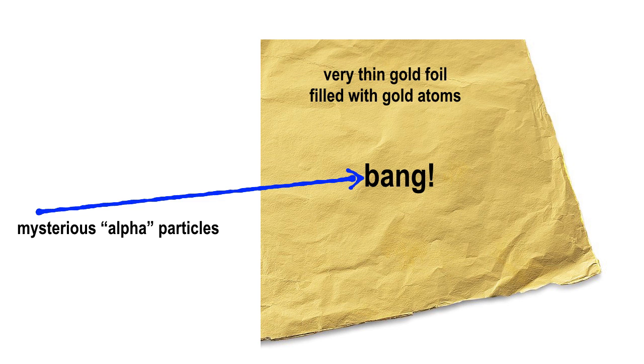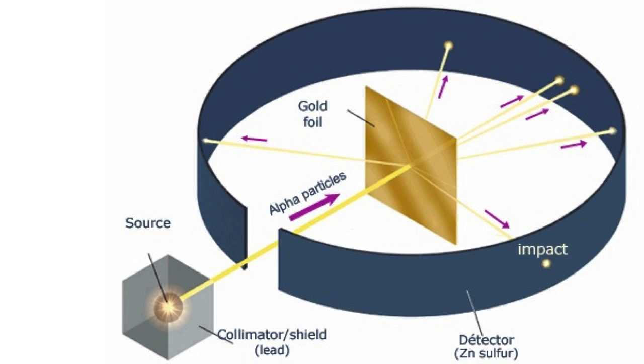Now, he didn't really see anything broken apart, but what he did find was that the alpha particles scattered. They went into the foil, and then they got deflected left and right, up and down, and even some of them deflected right back over here. Look at this one. This is called backscattering.